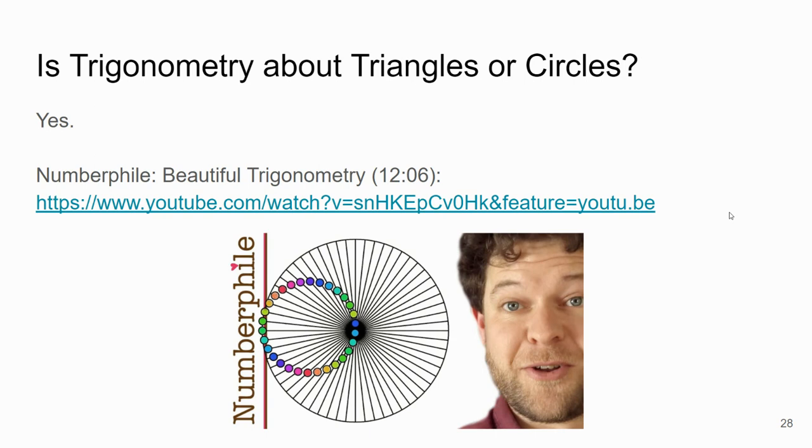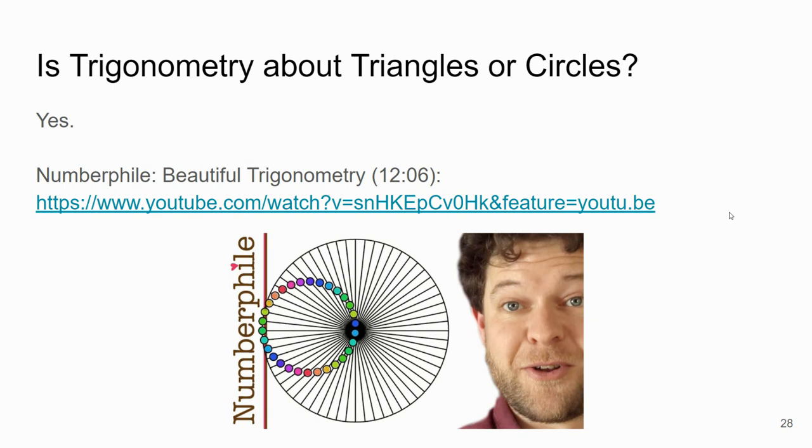And then finally, we didn't watch this one in class, but I'll put a link to this in the description of this video. Is trigonometry about triangles or circles? The answer is yes. It's about both. The way I taught you this is using triangles. It's kind of in the name. Trigonometry: metry means measure. We're measuring triangles.